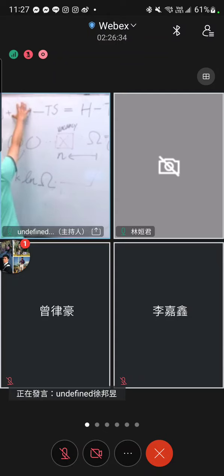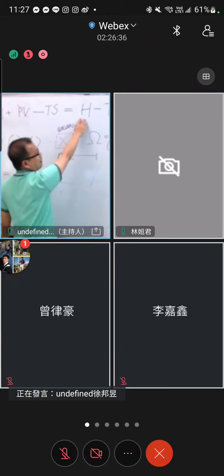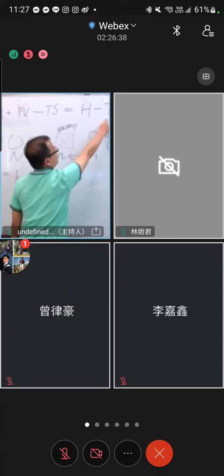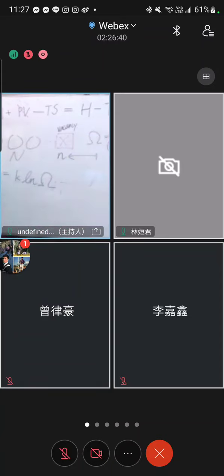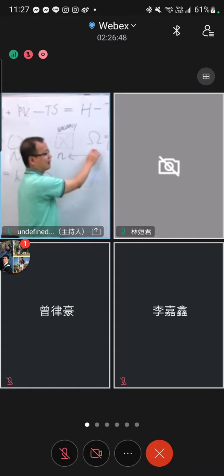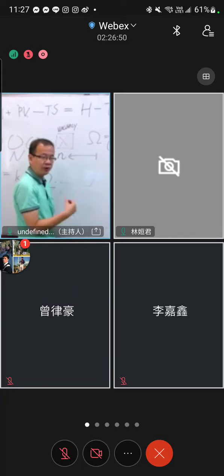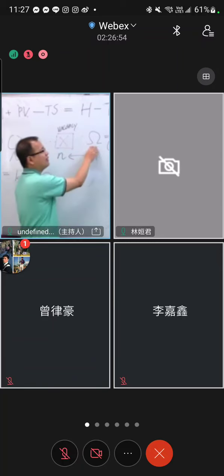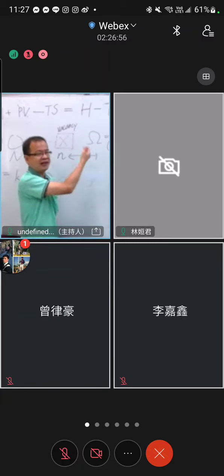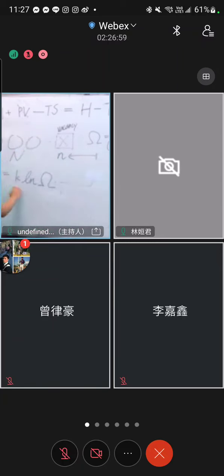When you don't strain your crystal, then you have binding subtracted by T times entropy. And the ultimate contribution is that you figure out how many combinations of the system there are, we call them different ways or different microstates. The number of microstates will determine another energy term called entropy.